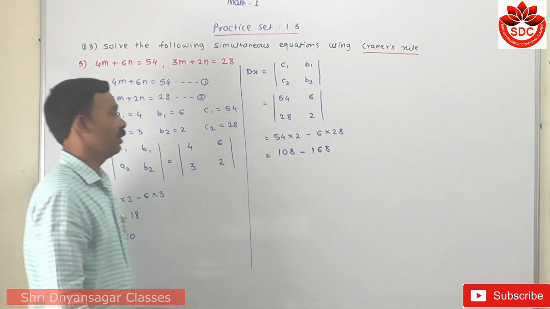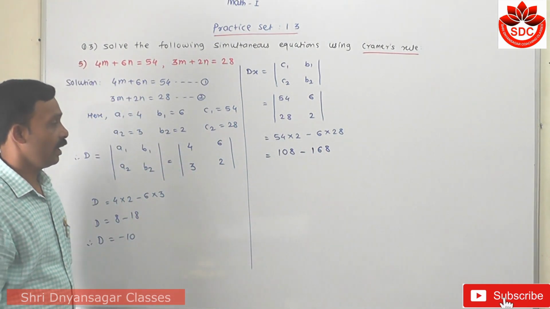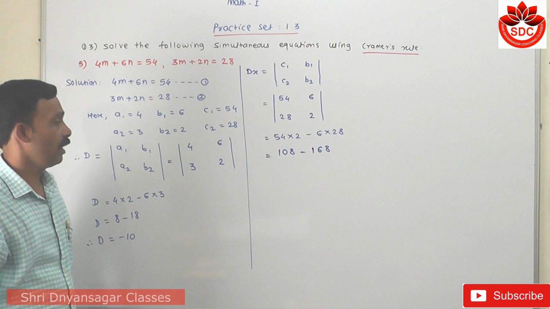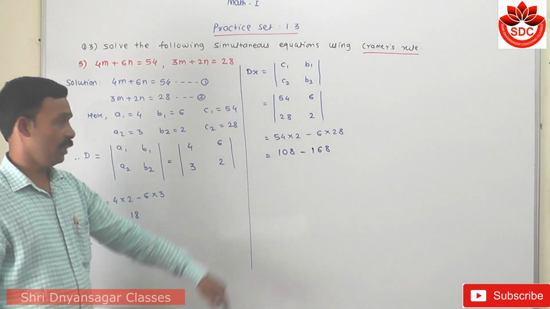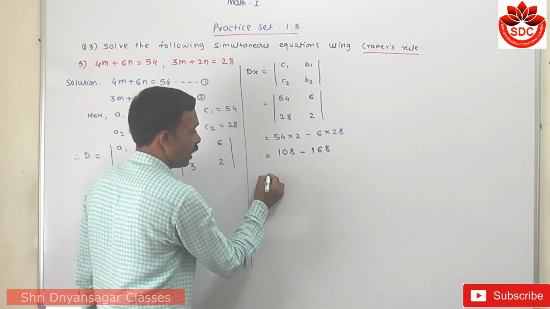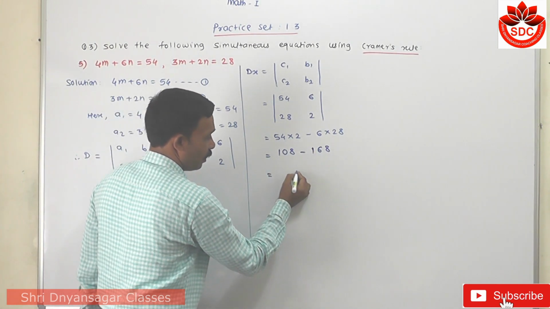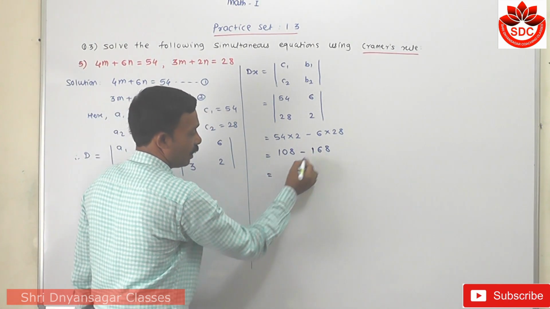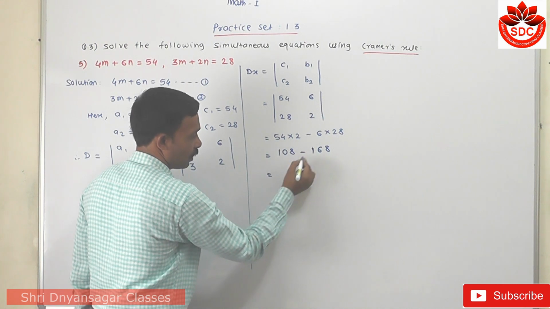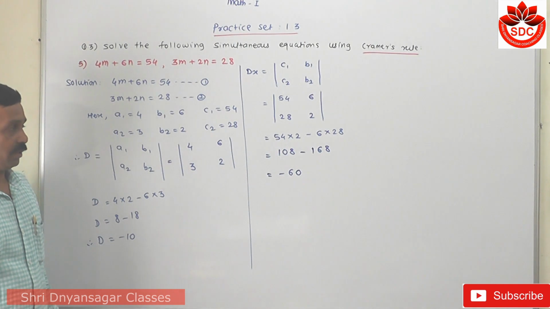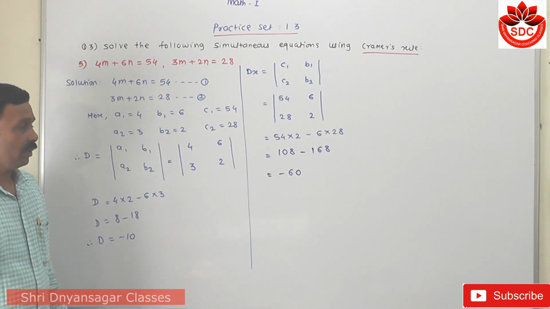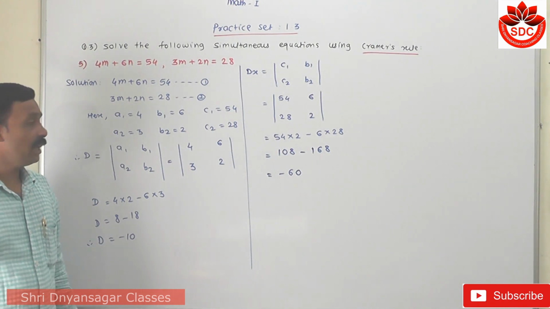Sorry, this 20 6s are 120. Now we subtract this one. Now the subtraction is 8 minus 0, and we write it as it is. Give the sign of the bigger number, which means minus 12. This is the value of determinant of x.